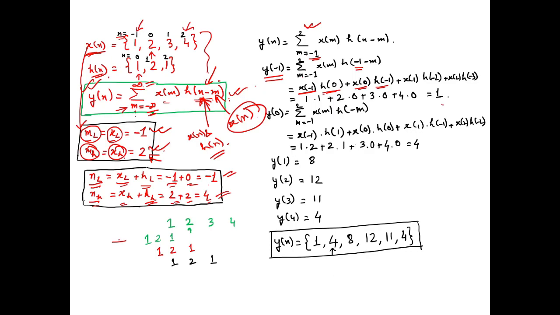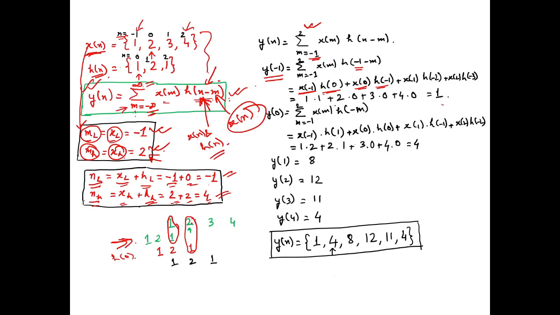So if you see over here, I have just plotted it with the sliding tape method. This is h of 0 when we are having both the origins at the same place. y of minus 1 means we are at this position.